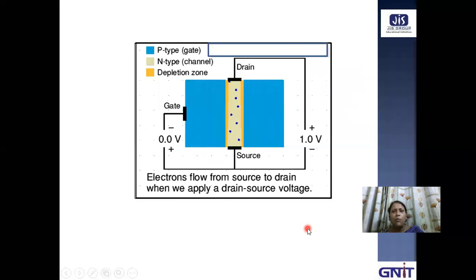Here we can see that electrons flow from source to drain. If we increase the gate to source voltage, negative voltage, this side is negative and this side is positive.